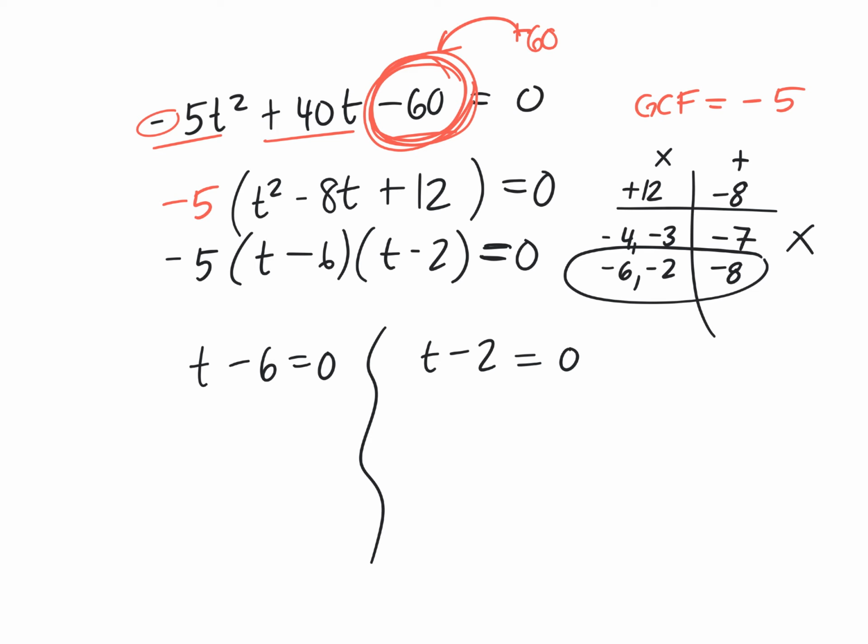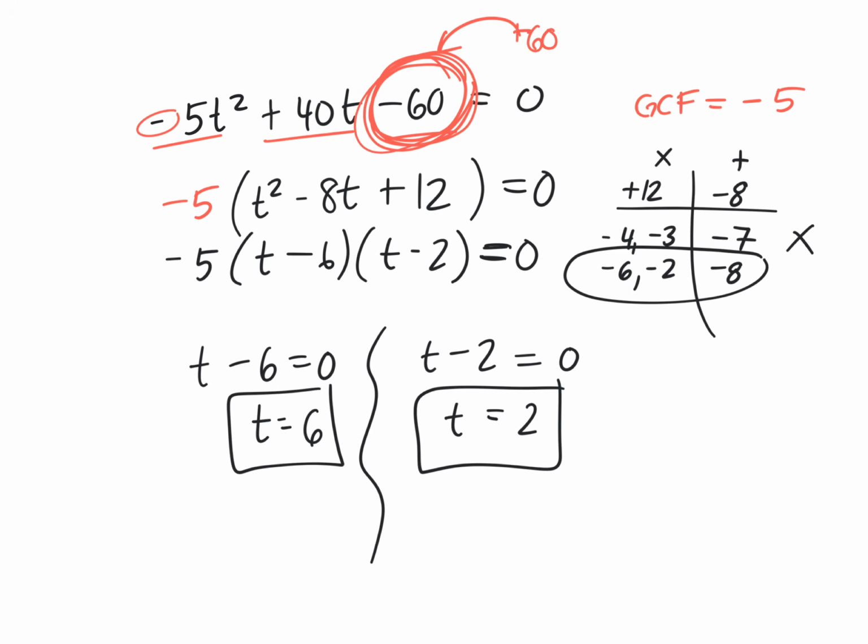These are the values of t when h was 60. So what is the first answer? t minus 6 equals 0, so time is equal to 6 seconds. And time is equal to 2 seconds. So the rocket would be 60 meters above the ground at 2 seconds on the way up, and then 6 seconds on the way down.